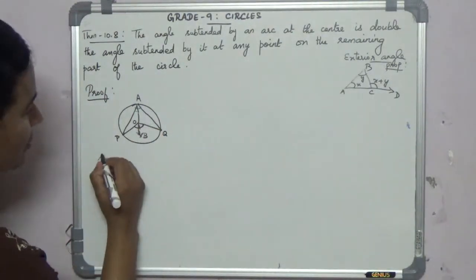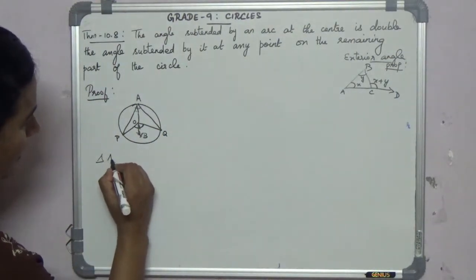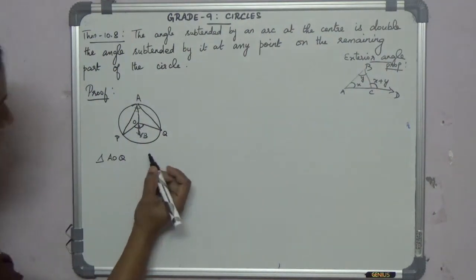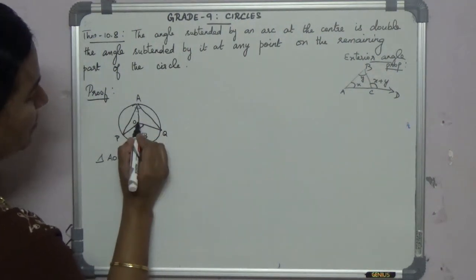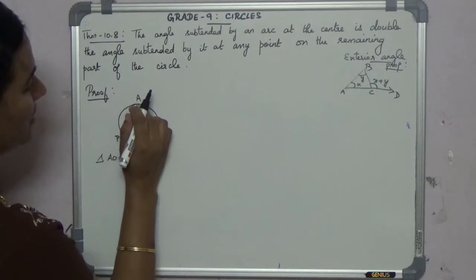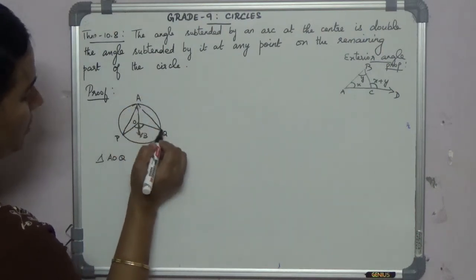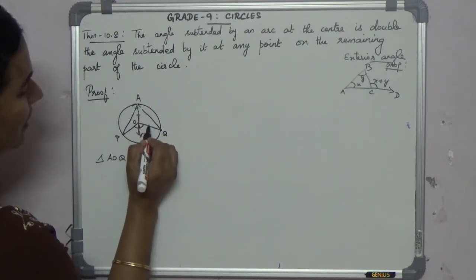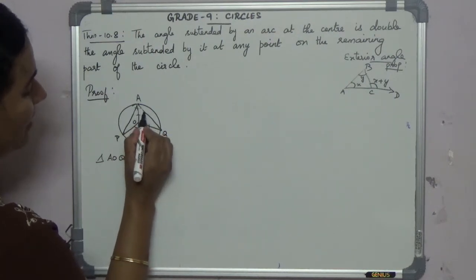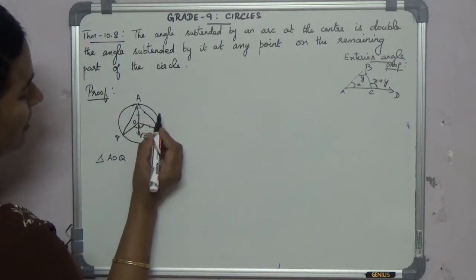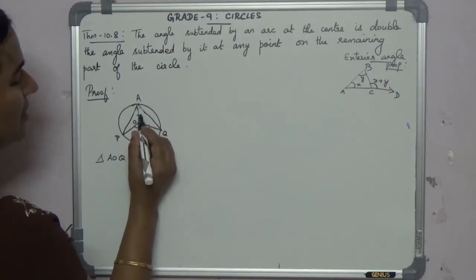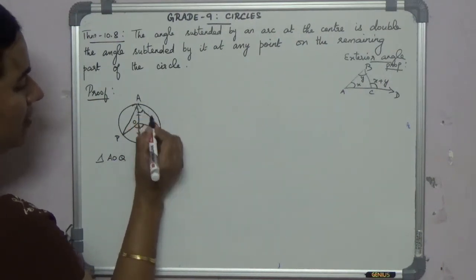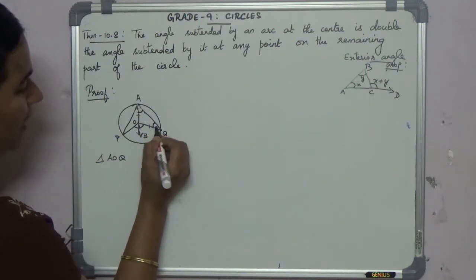First you take triangle AOQ. Now OA is radius, OQ is also radius. Now when you take triangle AOQ, automatically two sides are equal, and so this becomes an isosceles triangle. What happens if it is an isosceles triangle? Then this angle and this angle must be equal.